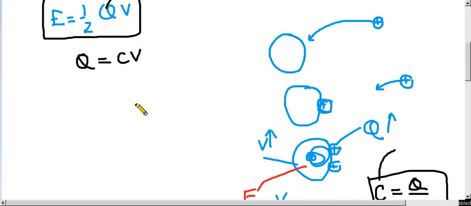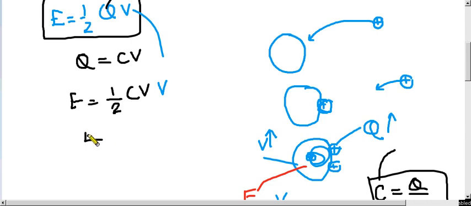Using this equation you can substitute here. Then energy equals half times Q, and instead of Q you write CV, and then for this V again V. Now you get E equals half C V squared.